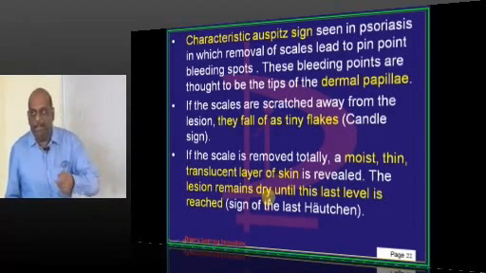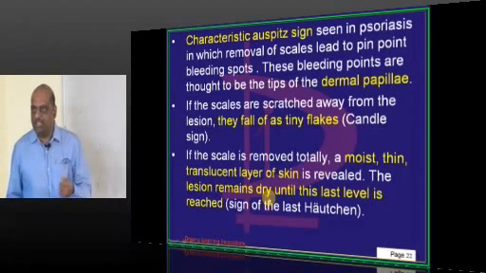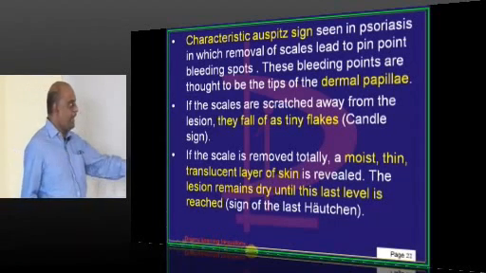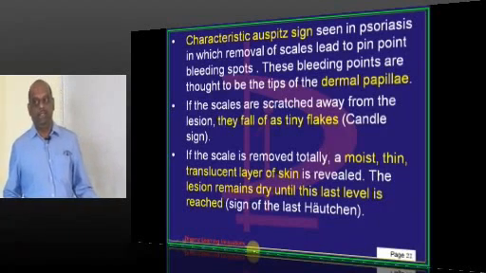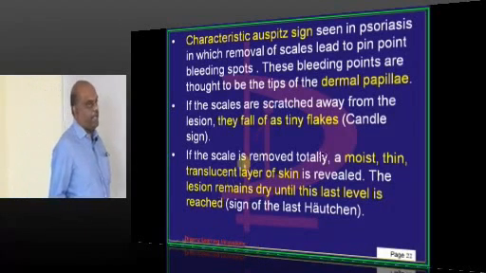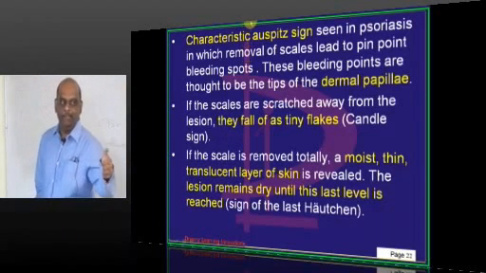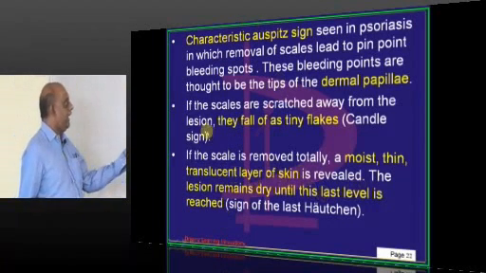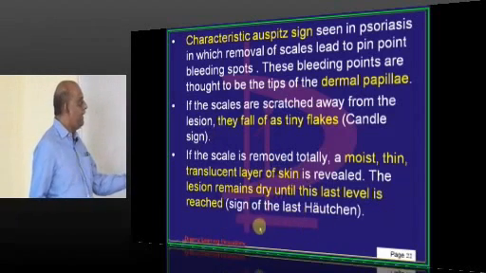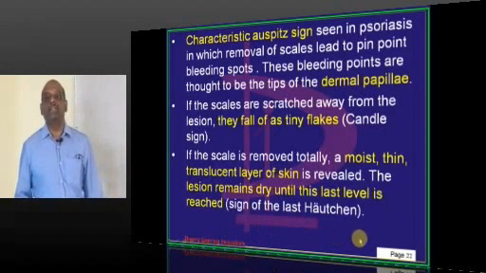The scales remain dry, which is typically called the sign of the Last Hodgkin, which is once more seen in case of psoriasis. So summarize, Doctor. You have an Auspitz sign, you have a candle sign, and there is a sign of Last Hodgkin.